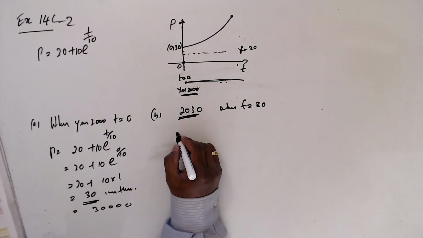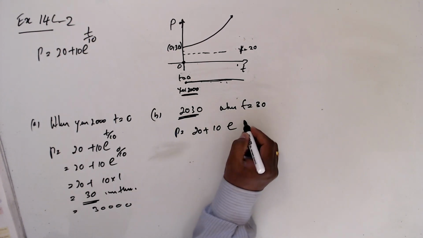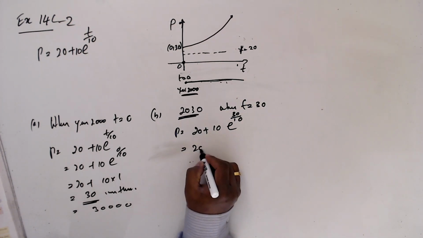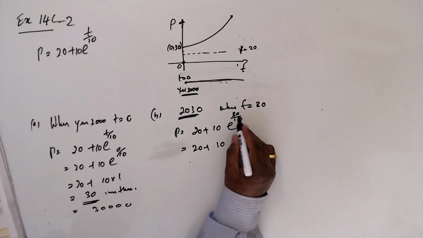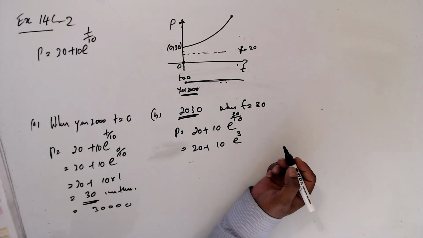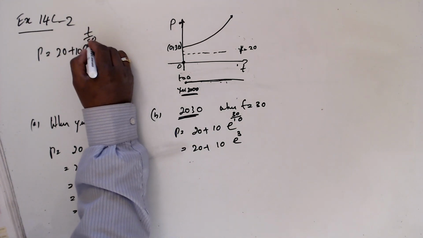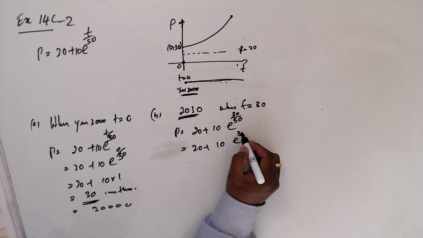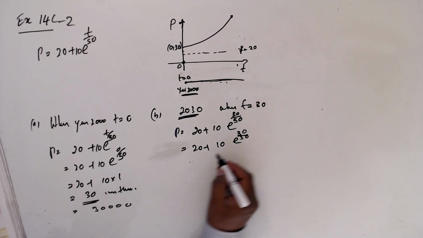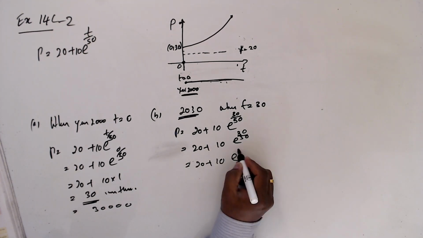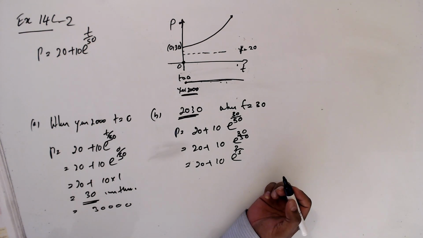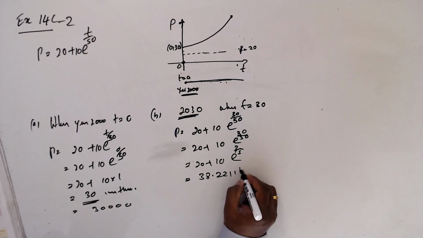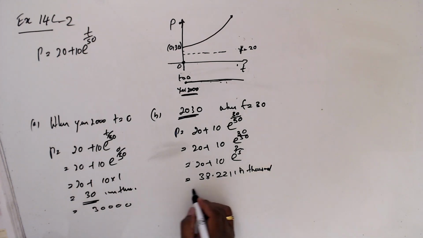So we can find 20 plus 10 e^(30/50). So that is 20 plus 10 e^(3/5). So 38.221 in thousands, or 38,000.